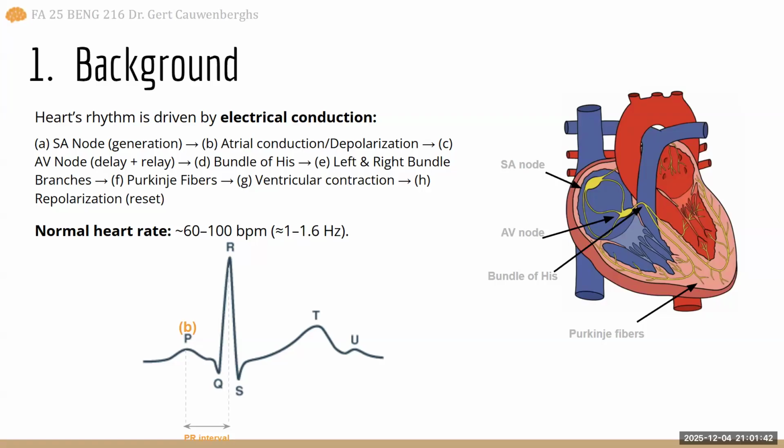There's the bundle of His, the left and the right bundle branches, and then come the Purkinje fibers, which release the signal towards all the heart muscles, and that leads to the initial ventricular contraction, which can be seen in the R wave in the ECG signal. A typical normal heart rate is around 60 to 100 beats per minute, or 1 to 1.6 hertz. And next slide.